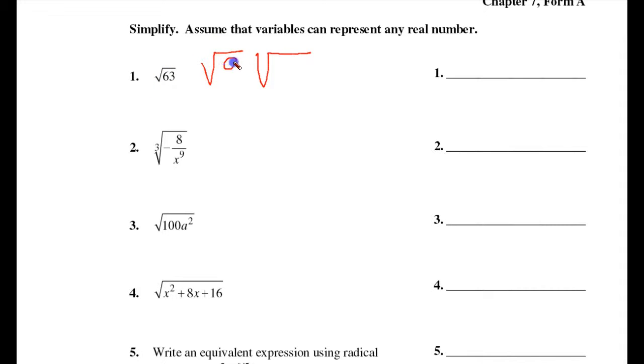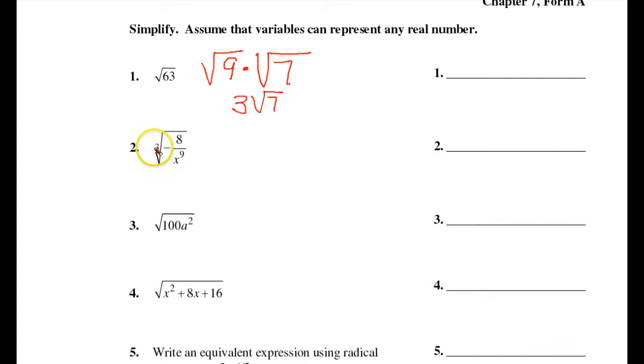It would be 9 times 7. So using this technique of breaking the radicand into two factors, one being the largest perfect square, this would become 3, the square root of 7. You have simplified that.